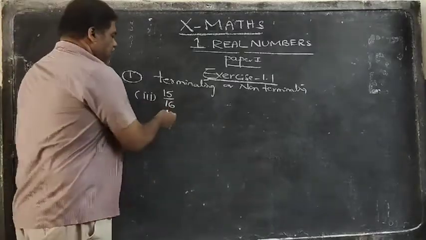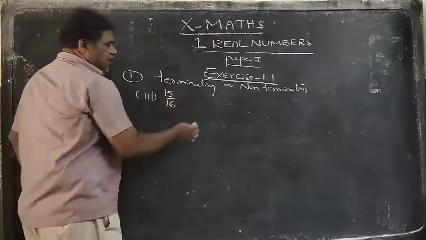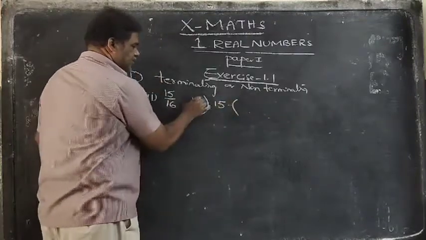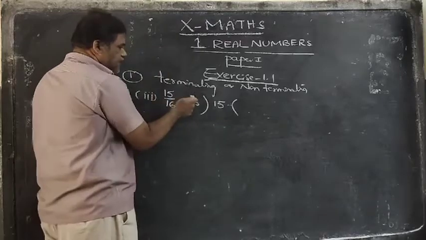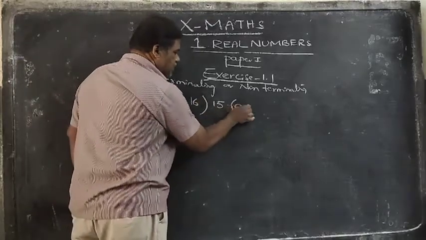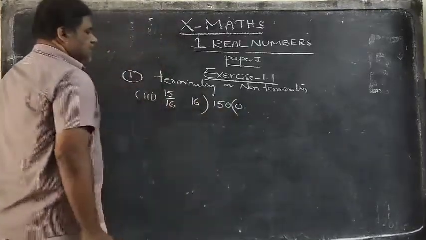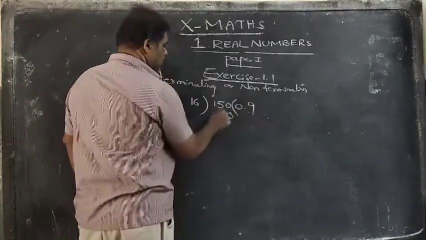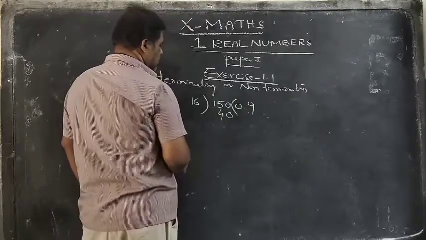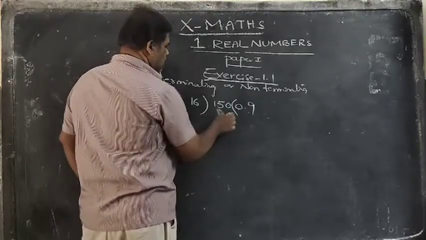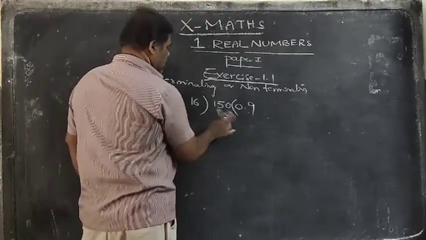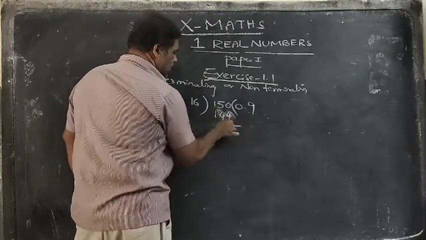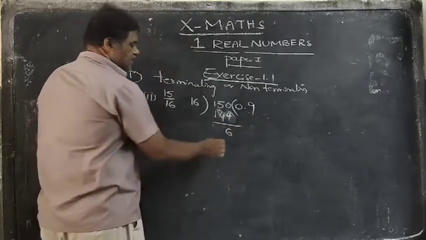If you divide 15 by 16, let us see whether the division process ends. First, 16 is more than 15, so keep 0 point here.